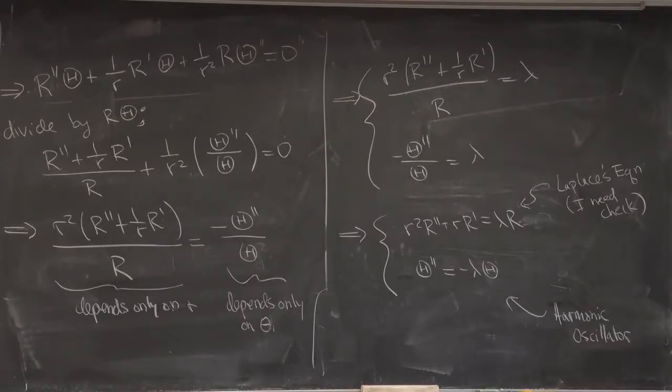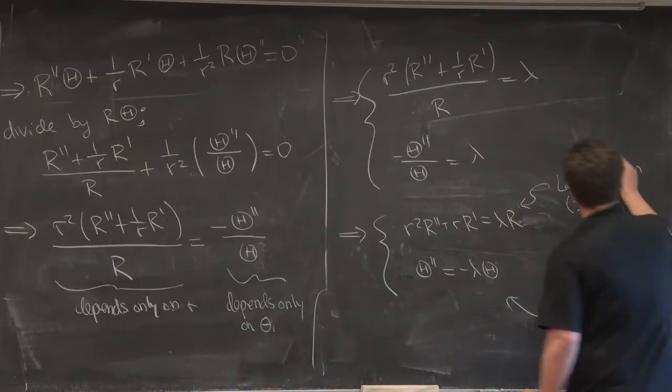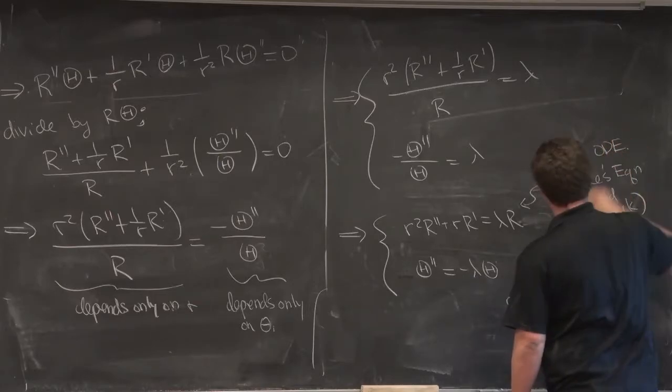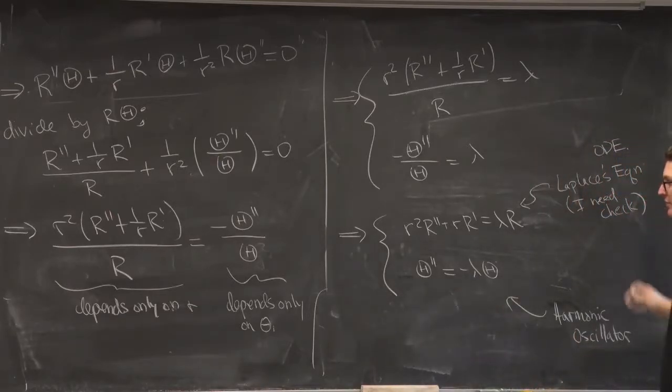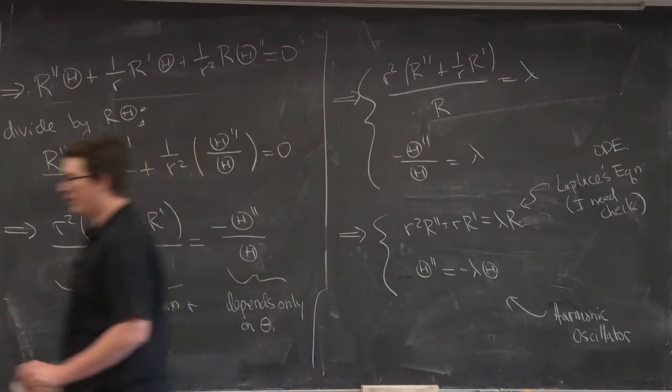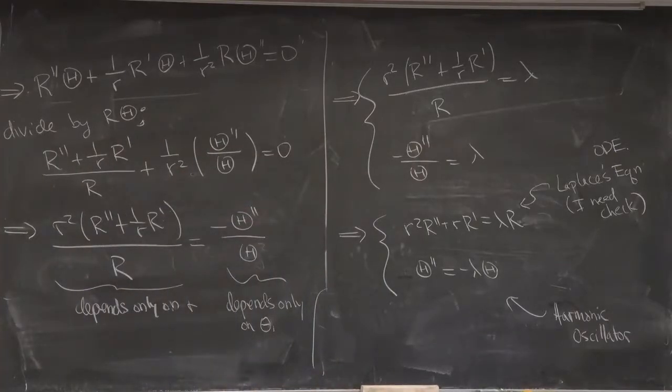Those are near and dear to our hearts, and we give them names, which I forget. But this is Laplace's ODE. So he has two things named after him. Okay. So this is how we separate for this one.